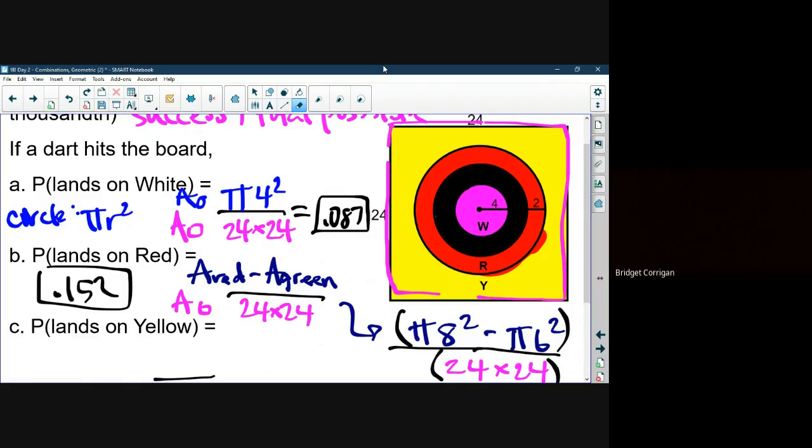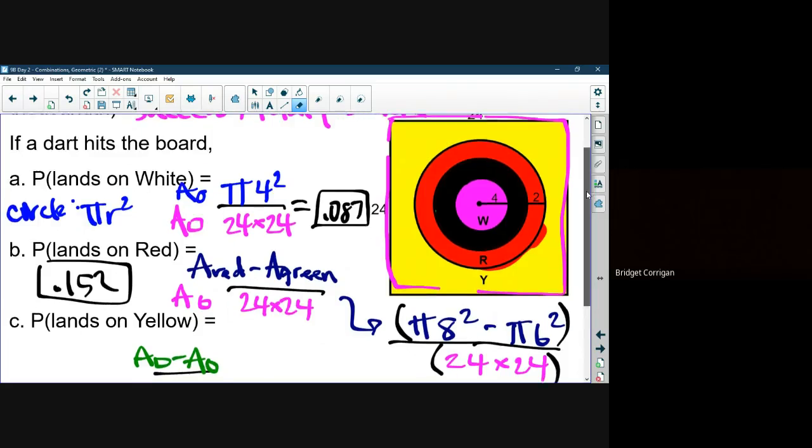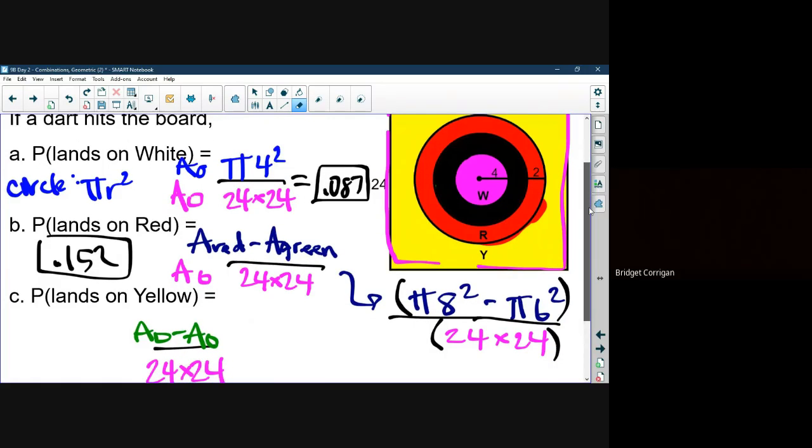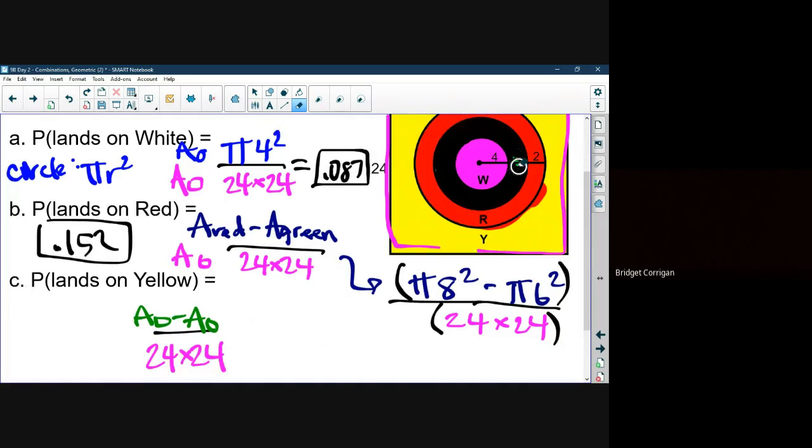So we want to take the area of the square and we're going to subtract off the area of the whole circle. So the whole circle, again, that's 4. There's a 2 here. 4, 2, and 2.